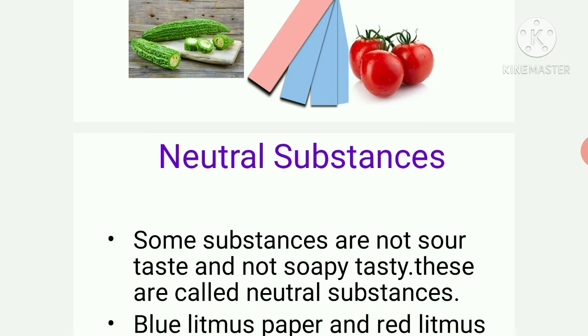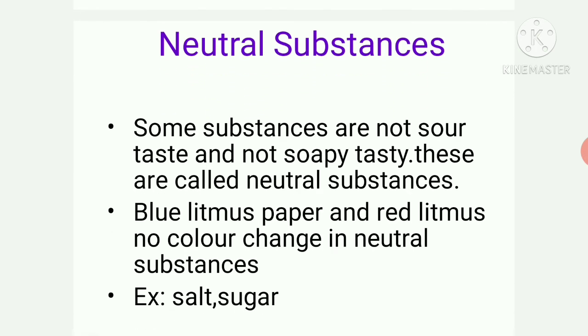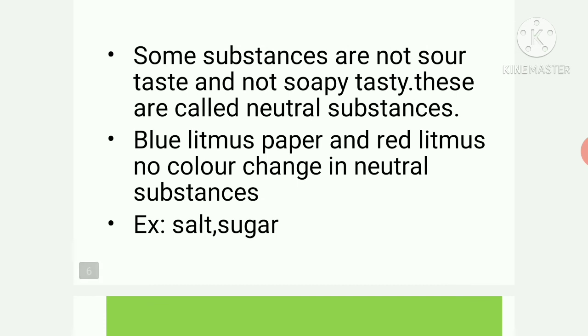Now we know the neutral substances. Some substances are not sour and not soapy in taste. These are called neutral substances. Blue litmus paper and red litmus paper show no color change in neutral substances. For example, salt, sugar.